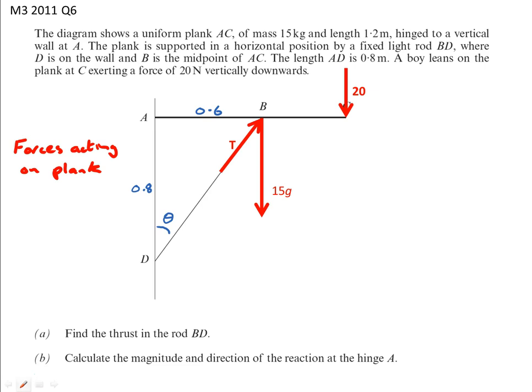Rather than dealing with a force of an unknown magnitude and an unknown direction, it's actually neater to suppose that this reaction force has got a vertical component and a horizontal component. Now it's very easy to see from the diagram that the horizontal component must act to the left.